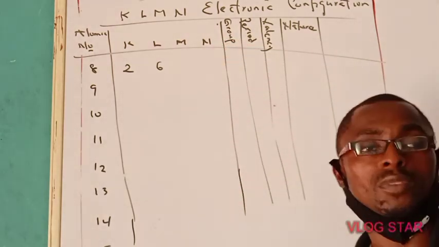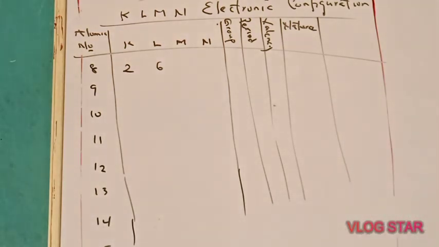So let's write this down. The number of electrons in the outermost shell of an atom is the group of that atom.